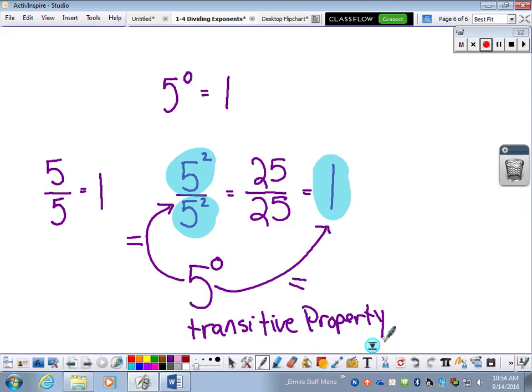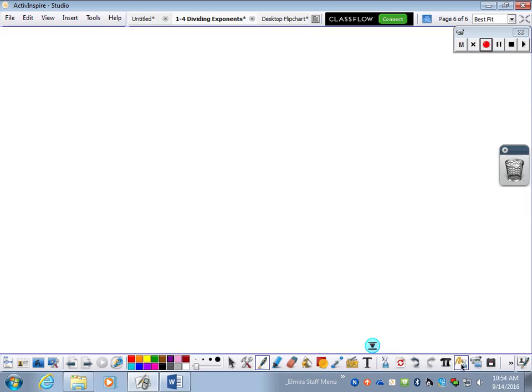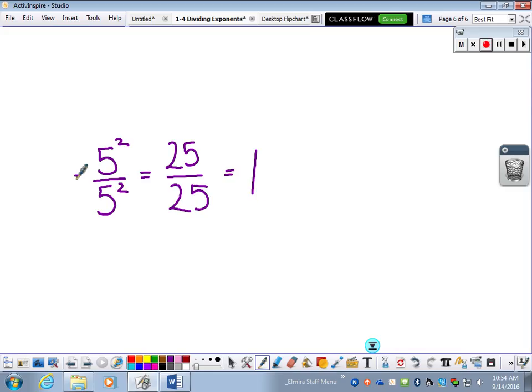The transitive property means if I set up a little chain here, 5 squared over 5 squared equals 25 over 25 equals 1. That equals 5 to the 0 power. Everything in this little chain, we can put an equal sign under.